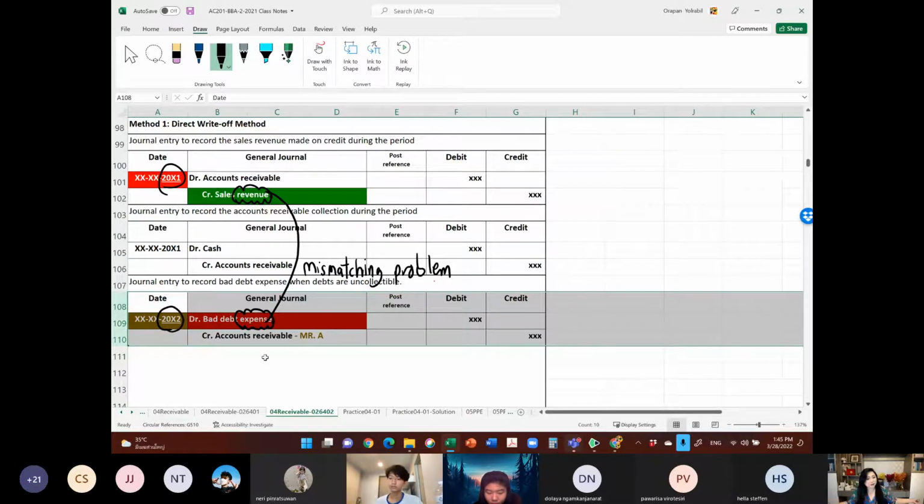So in accounting, we don't like this to happen. If you record revenue in one year, the related expenses must be recorded in the same year. So we want to match the expense with the revenue.